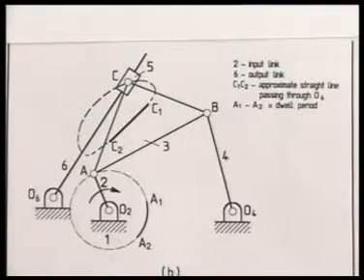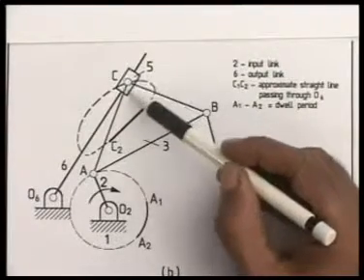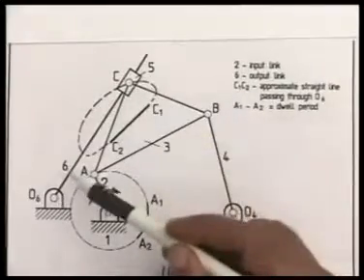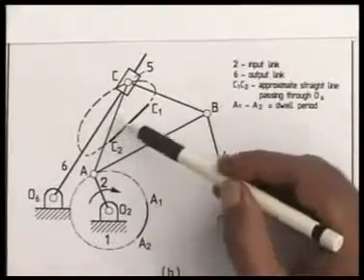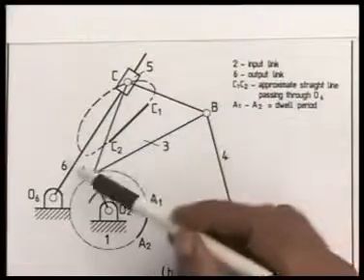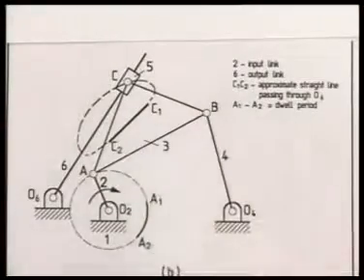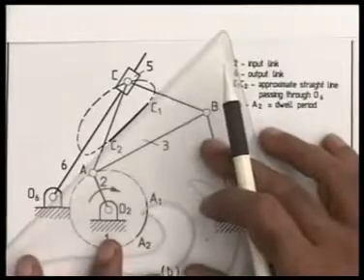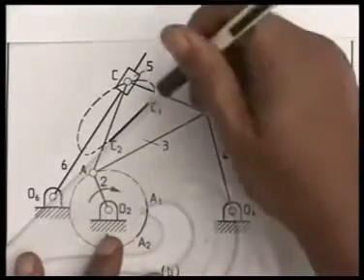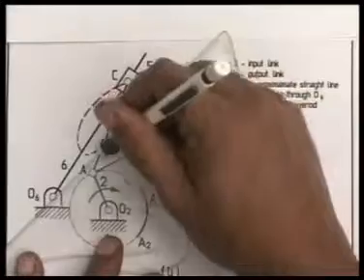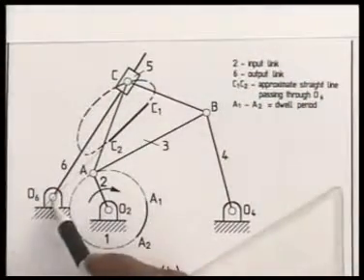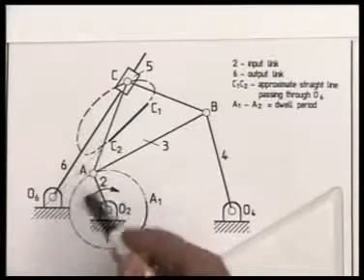What we do, we put another link 5 at this coupler point C through a revolute pair, and the output link 6 has a prismatic pair between link 5 and link 6. As we see, this straight line portion of the coupler curve passes through this fixed hinge O6, where link 6 is hinged.